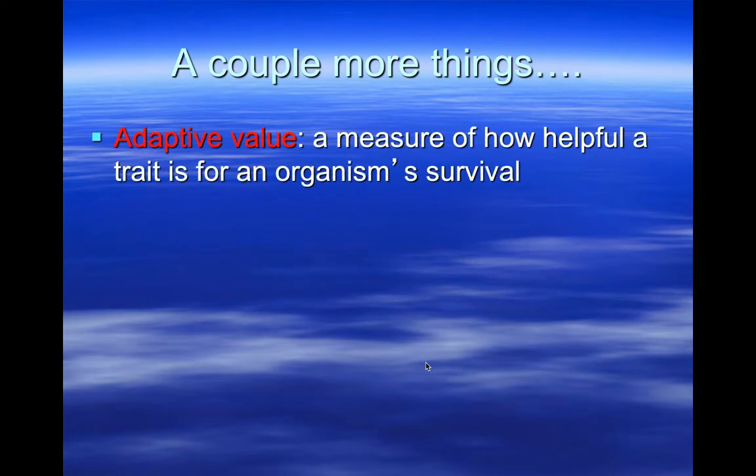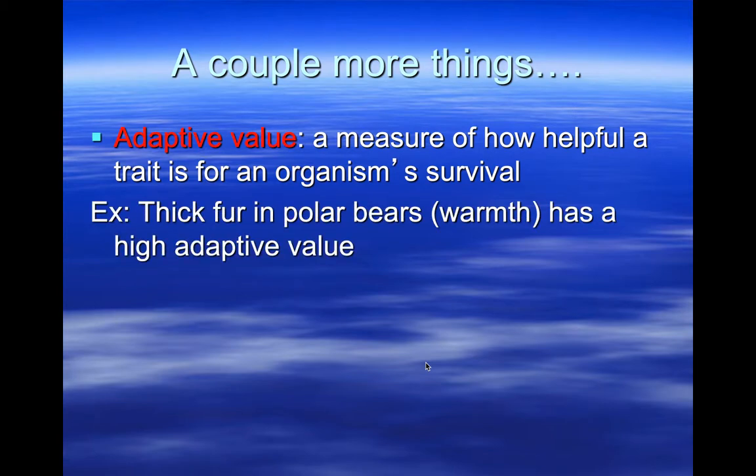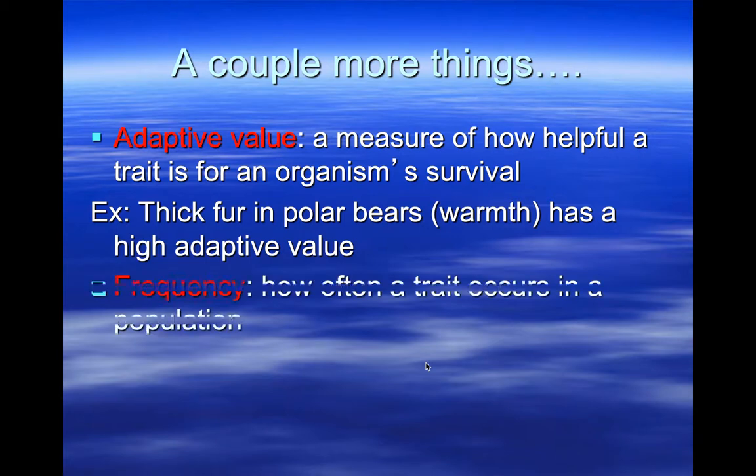When a trait has an adaptive value, it's a measure of how helpful that trait is for an organism's survival. So having thick fur or even white fur in a polar bear has high adaptive value because it allows it to blend in and keep it warm. So you should see this trait increase in frequency, or how often it occurs, because it increases survival.